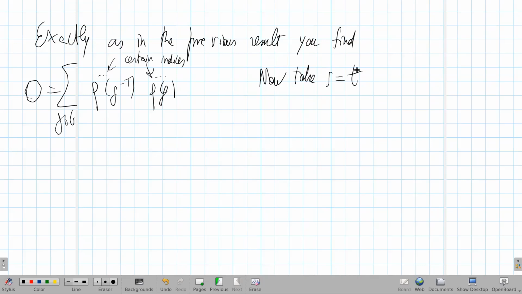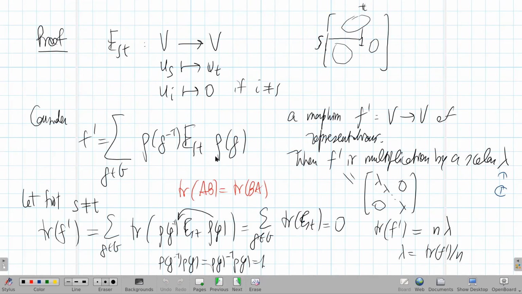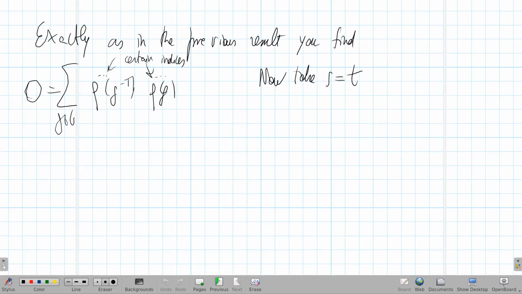So now take the missing case. Consider the missing case, S equals T. So in this F prime, we take S equal T. This time we have E_SS, which is a matrix which has exactly one non-zero element on the diagonal in the position SS, okay?